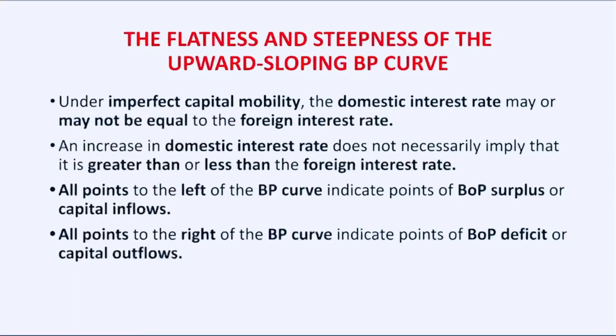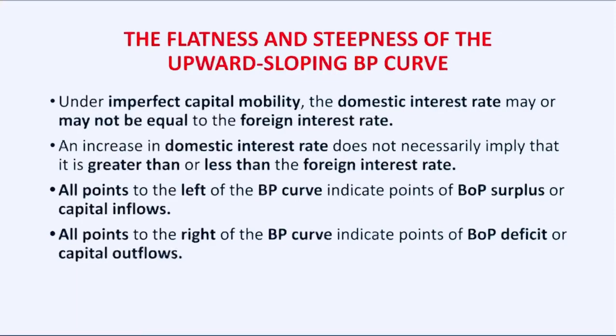It may be equal to the foreign interest rate, or it may not be. So an increase in the domestic interest rate does not necessarily imply that it is greater than or less than the foreign interest rate.